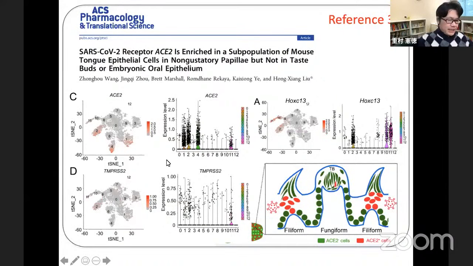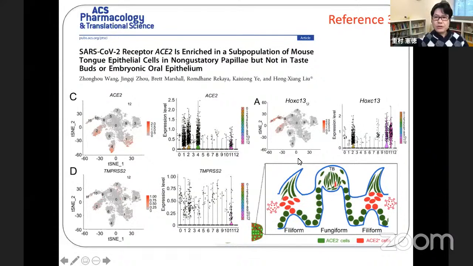The third study indicates that ACE2 and TMPRSS2 were expressed not only in some taste bud cells, but mostly in non-taste epithelial cells of the filiform papillae. Red is the ACE2 positive cell.